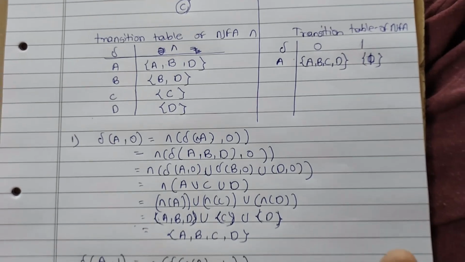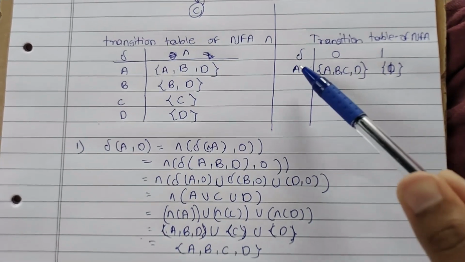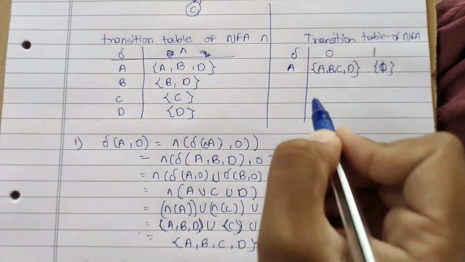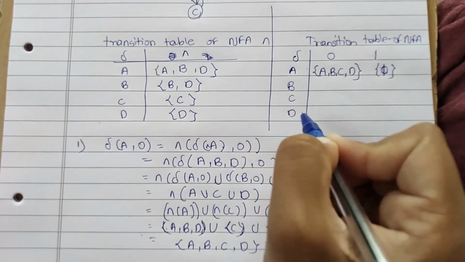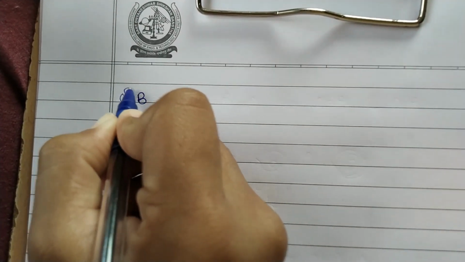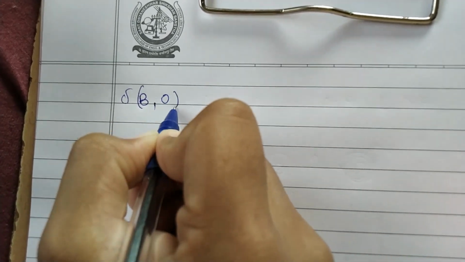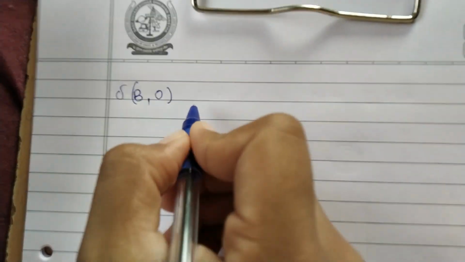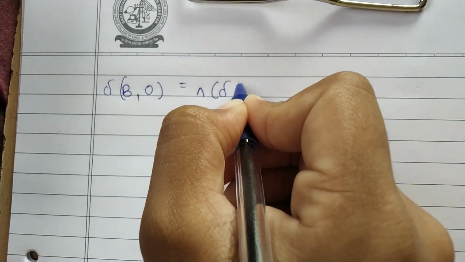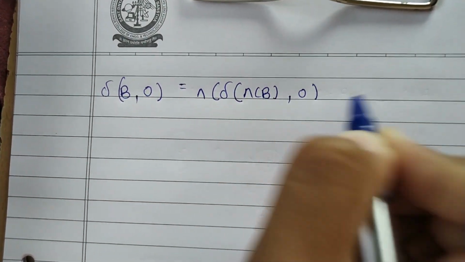I hope you all get an idea of how we draw this A, 0 and A, 1 for the NFA table. Now the same for B, C, D. All the processes are the same. Now we see B, 0 first, then B, 1. So we find the null value of delta for null of B, 0.